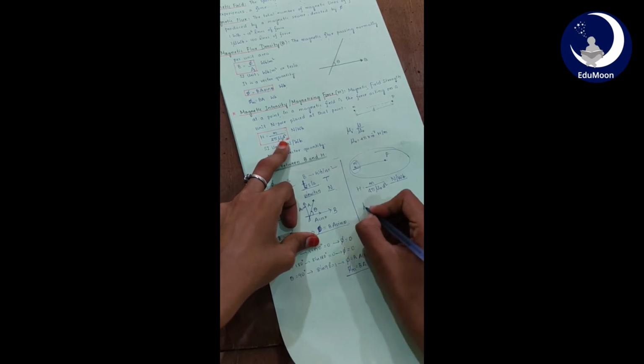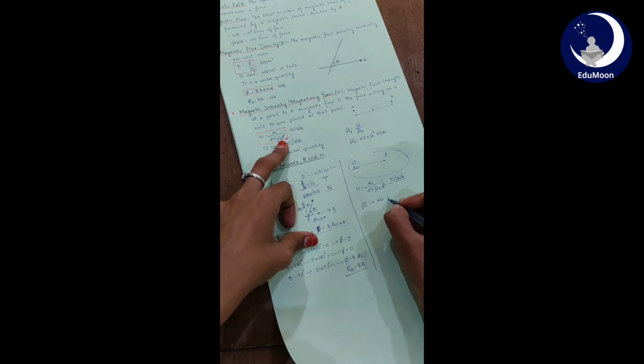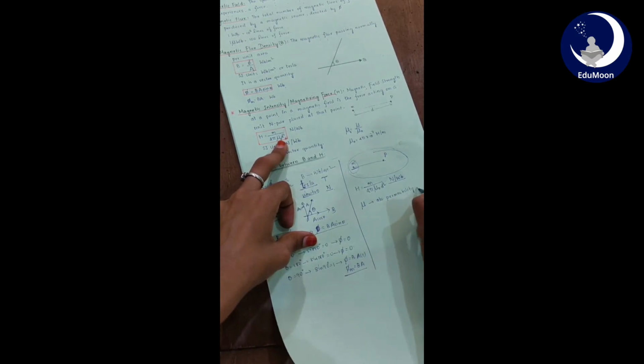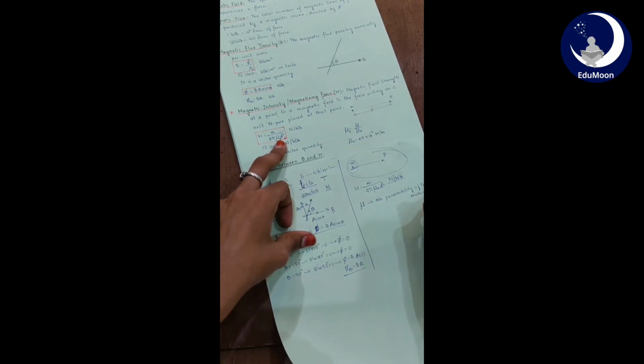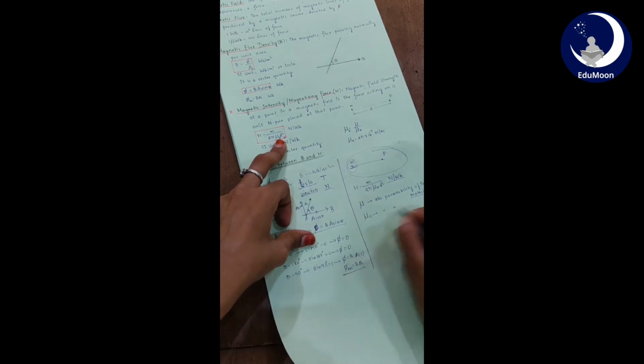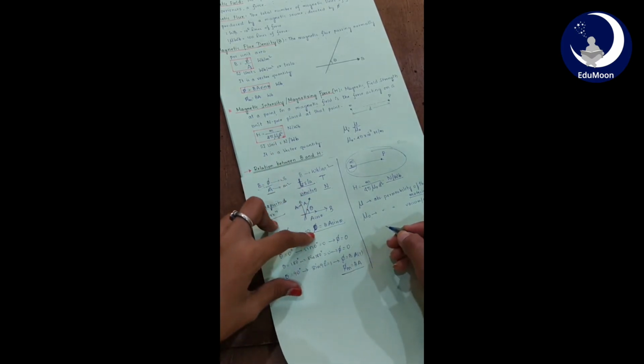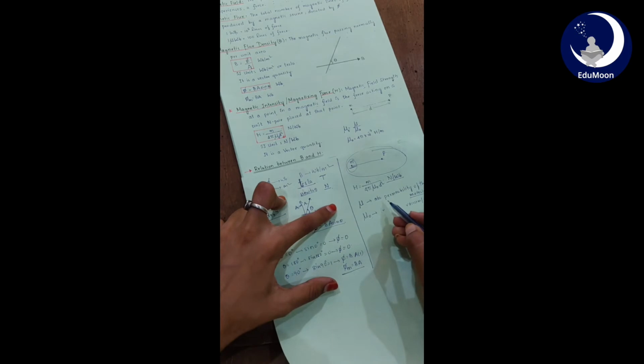First of all, we'll see what mu is. Mu is the absolute permeability of the material. Material in the sense this material. If this material is vacuum or air, we denote it with mu naught. So mu naught is absolute permeability of air or vacuum, and mu is absolute permeability or actual permeability of the material.